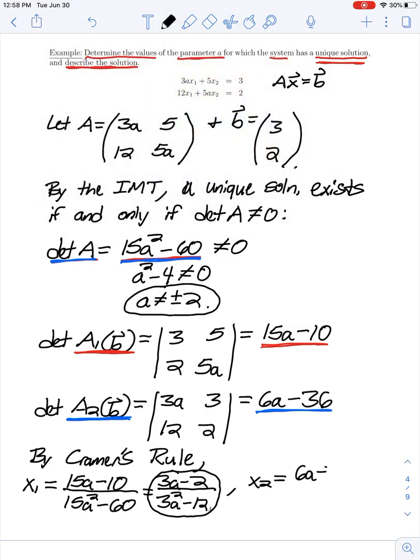So we have 6A minus 36 over 15A squared minus 60. Or we could simplify by dividing top and bottom through by 3. That leaves us with 2A minus 12 over 5A squared minus 20.